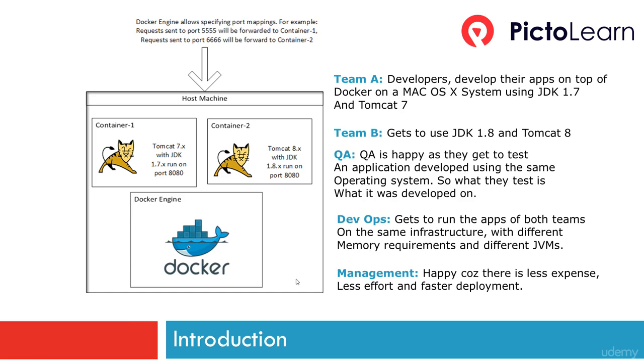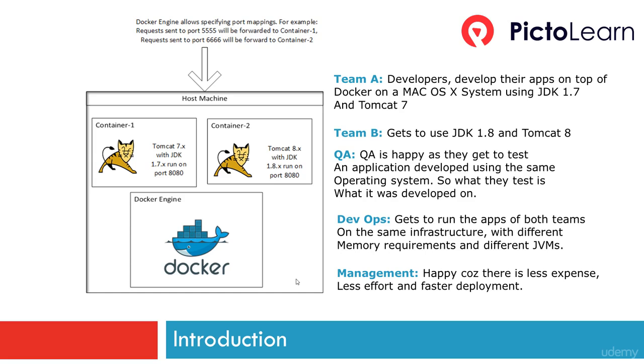So let's look at how we solve the problem for each of the team members. Team A, developers who work on different apps by developing them on Mac OS X using JDK 1.7 and Tomcat 7, can be worry-free, because when they're using Docker, it's going to be consistent across all the environments.